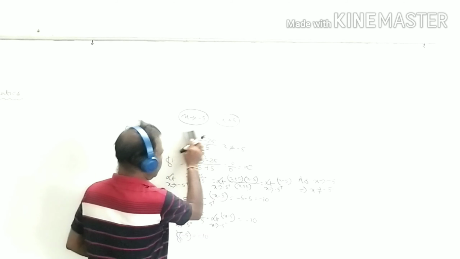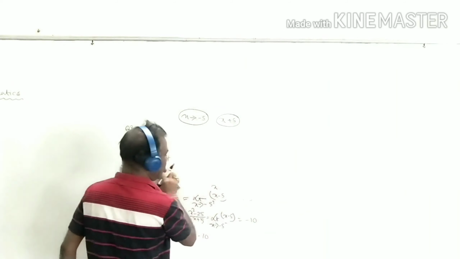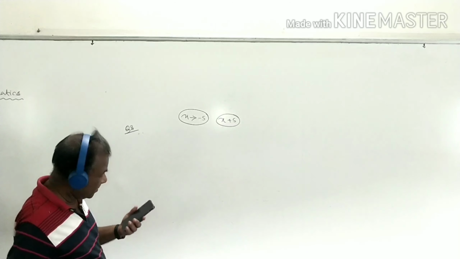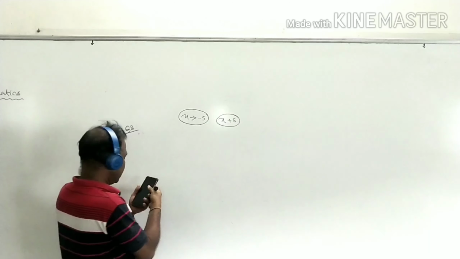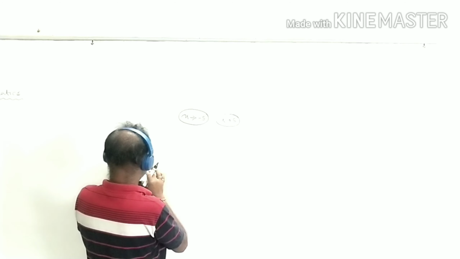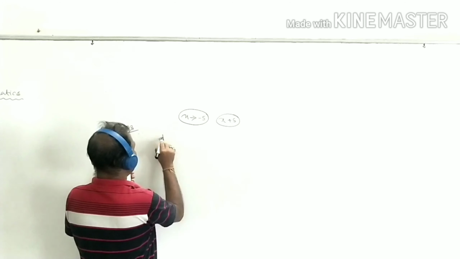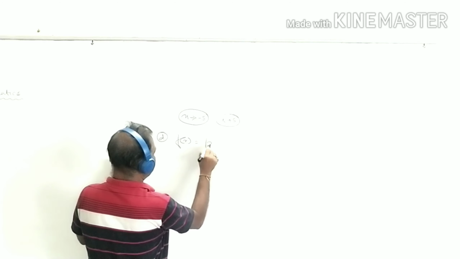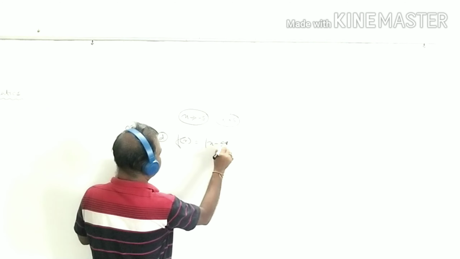Now, the fourth question, part d, is a modulus function. f(x) equals mod x minus 5.